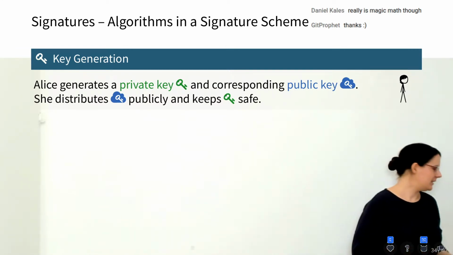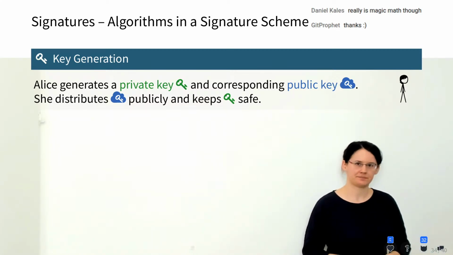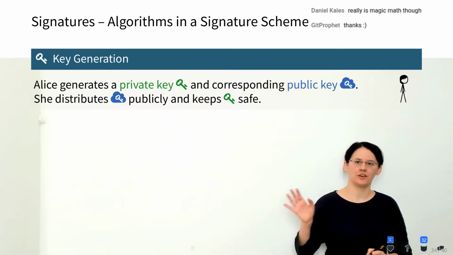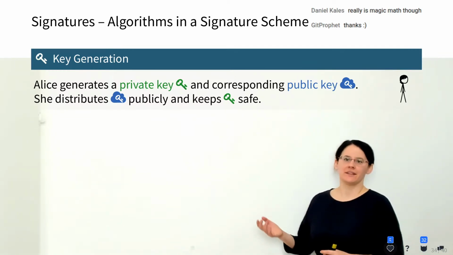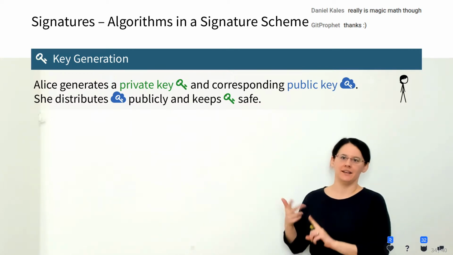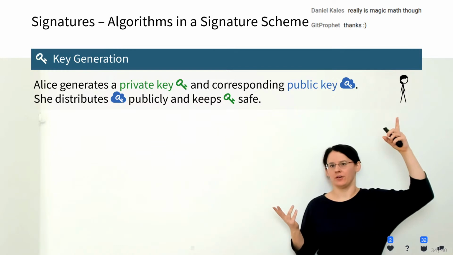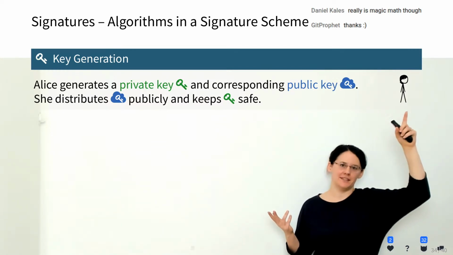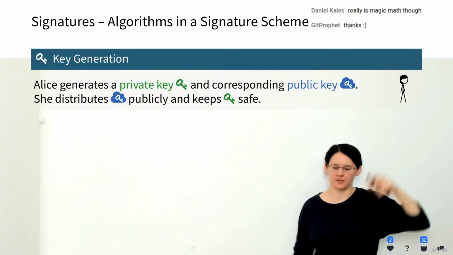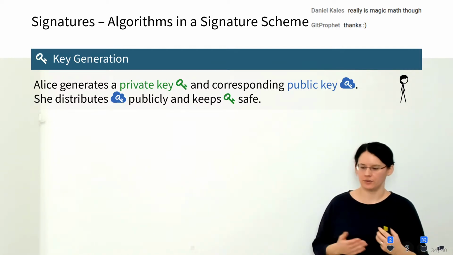Okay, so we again have several algorithms in these schemes. We again start with a key generation algorithm, where we generate a private key and a public key, and distribute them. Alice is again the owner of the private key. This time she's not going to be the recipient of the messages, but the sender, because the sender is the person who adds the authentication to the message.